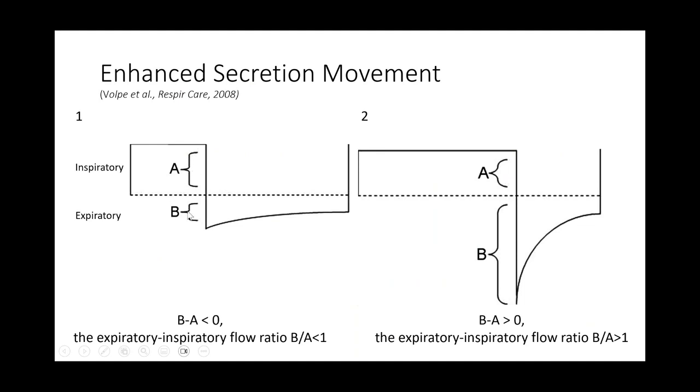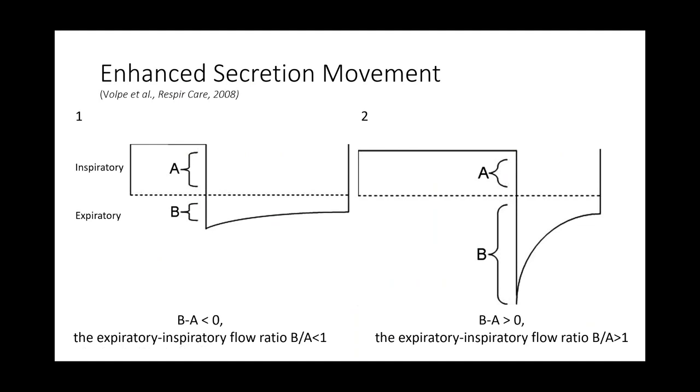And you can see that the proportion B, the expiratory flow, is less than the inspiratory flow. Whereas this graphical analysis shows the inspiratory flow, again, above the line, an increased time, and then below the line, the expiratory flow, which is greater, and a shorter time. And conversely, we can see that the expiratory flow is greater than the inspiratory flow.